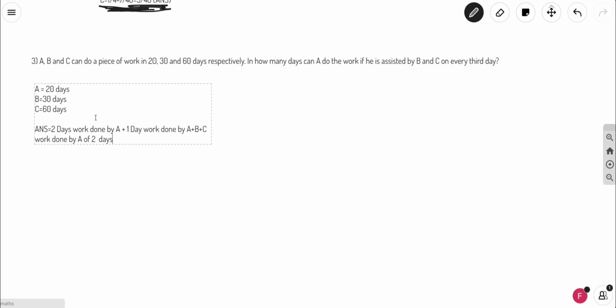Work done by A of 2 days is equal to, what is the formula of work done? Work done formula is work done is equal to time into work rate.